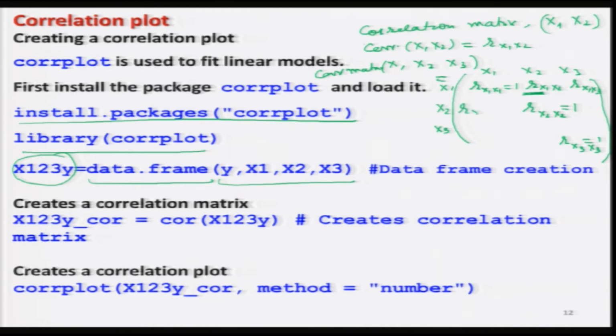So I can write the correlation between x2 and x1 here, and similarly the third row first element will be the correlation coefficient between x3 and x1. So, x3 is coming from here and x1 is coming from here, you can see. Similarly, the last element in the second row will be the correlation coefficient between x2 and x3, and in the third row and second column, this will become r x3, x2.